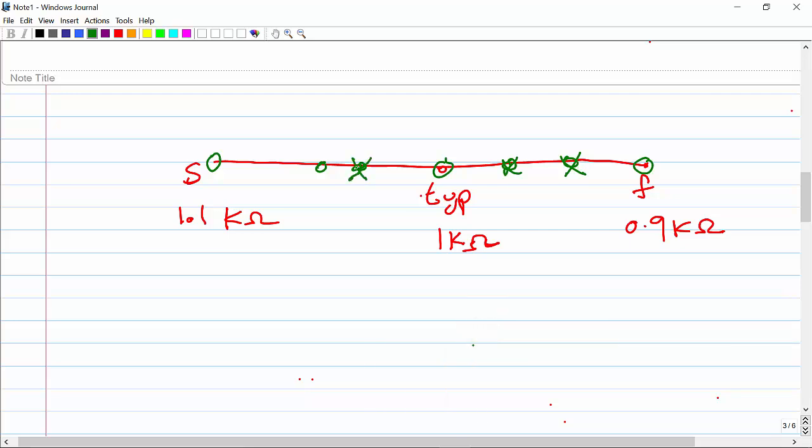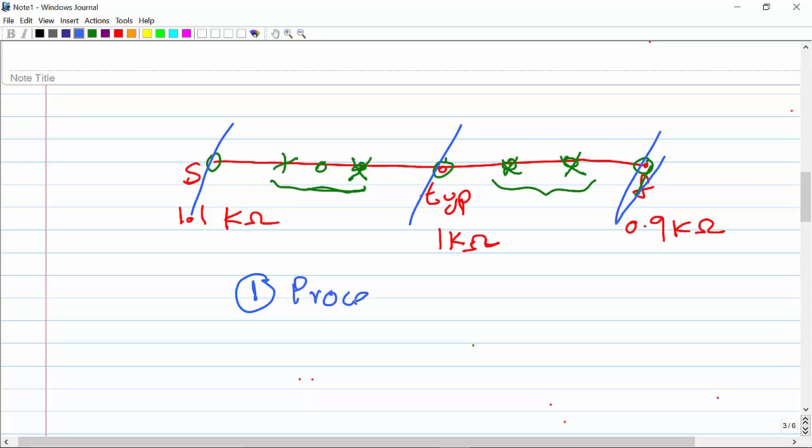We don't know all these things, and we cannot simulate these points using the process corner analysis, because the process corner will simulate only here, here and here. The first option that the Monte Carlo simulation gives us is the process variation.